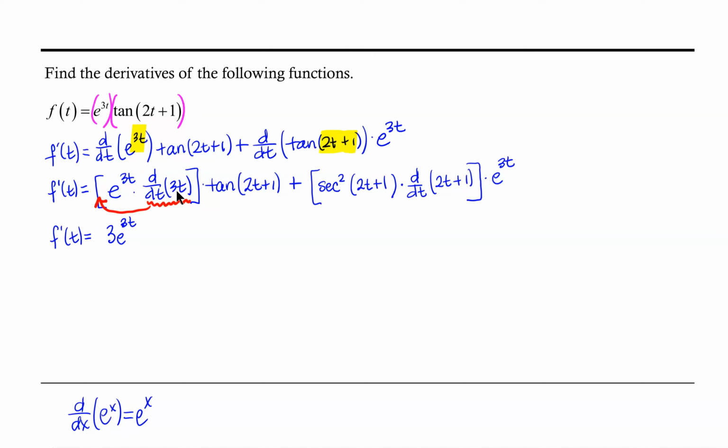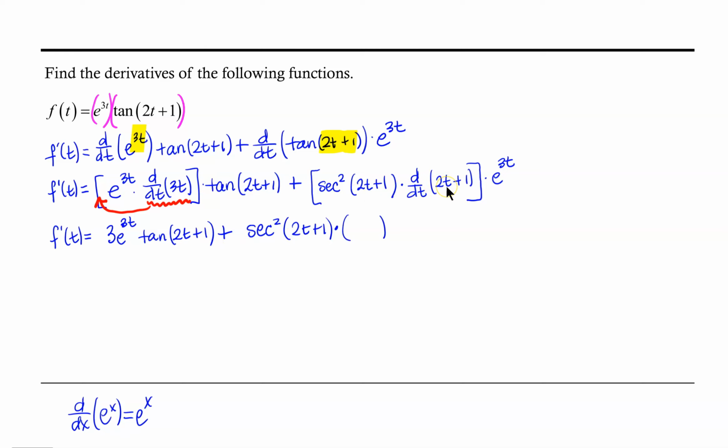So 3e to the 3t times tangent of 2t plus 1, plus, let's see, we have secant squared of 2t plus 1 times my derivative of 2t plus 1.